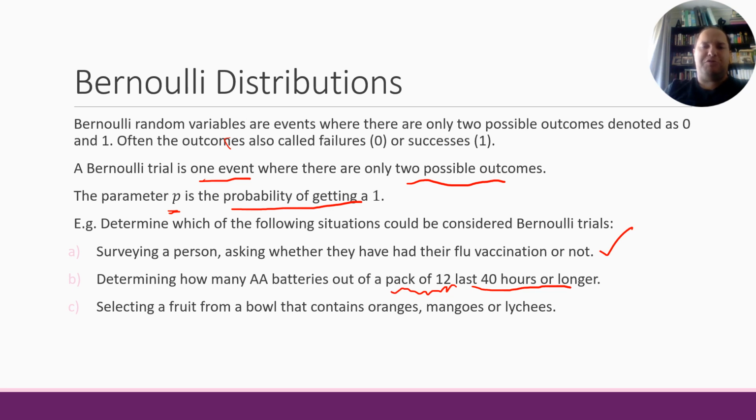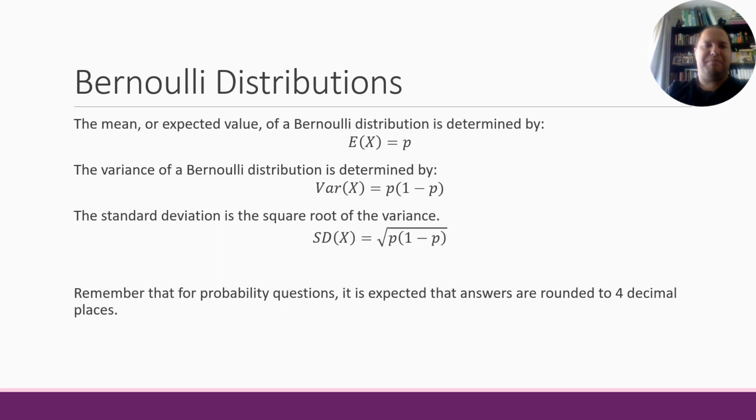We're doing multiple trials, so that means it can't be a Bernoulli trial. Selecting fruit from a bowl that contains oranges, mangoes, or lychees. Again, this one is not a Bernoulli trial either because there are more than two possible outcomes. So that one's an easy one for why it's not a Bernoulli trial. So, one trial, only two possible outcomes.